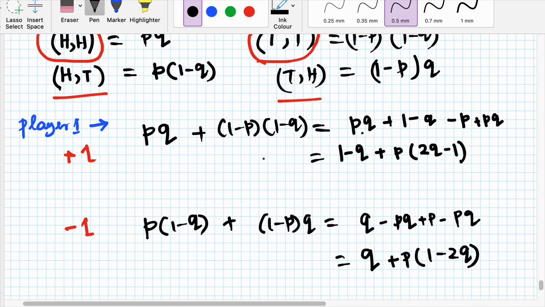So this is a lottery for player 1: with probability 1 minus q plus p into 2q minus 1 it will get plus 1, and with probability q plus p into 1 minus 2q it will get minus 1.